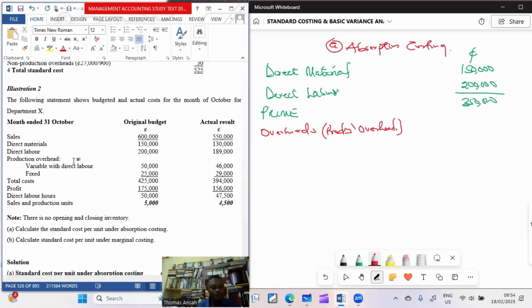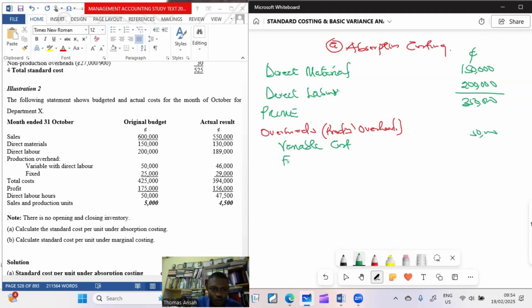But it doesn't matter because we are doing absorption costing. We are not doing variable costing or marginal costing. So here you will say variable, which is 50,000. Everything that has been there is there already. So in this one, then you have fixed cost. Fixed cost is also absorbed.